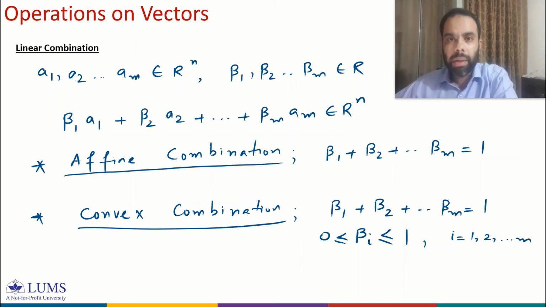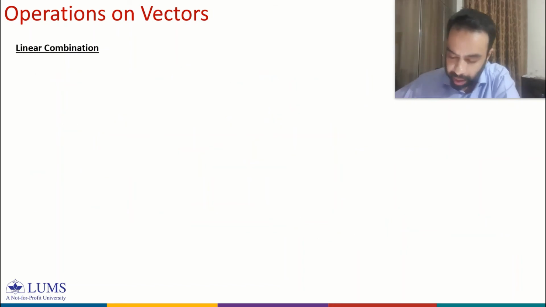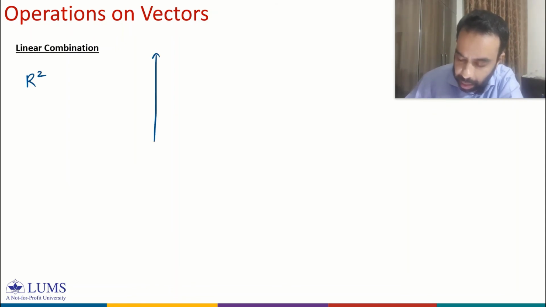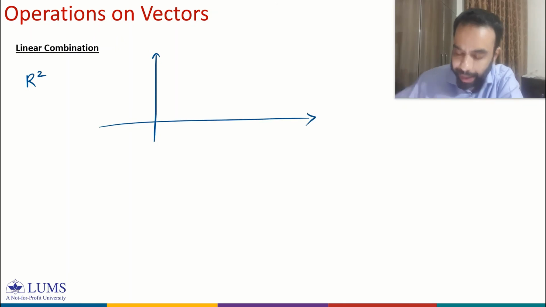Let's also talk about the geometric interpretation of linear combination, affine combination, and convex combination. For convenience, we again take R2, this two-dimensional plane, and we take two vectors. Say this vector, we call it A, and we take another vector B, which we can draw anywhere.